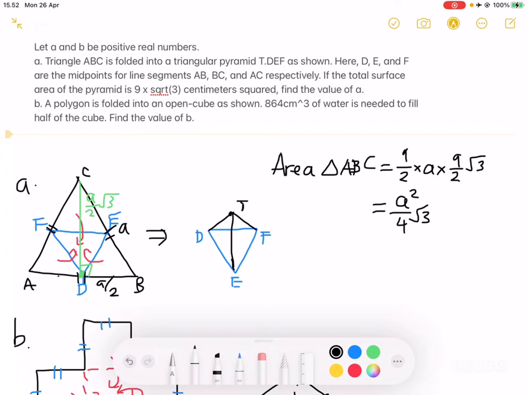And we know the area of triangle ABC is the same as the total surface area for the pyramid, which is 9√3 centimeters squared. And of course you can cross out the √3's there, and then you can multiply both sides by 4 to get a is equal to 6 centimeters.